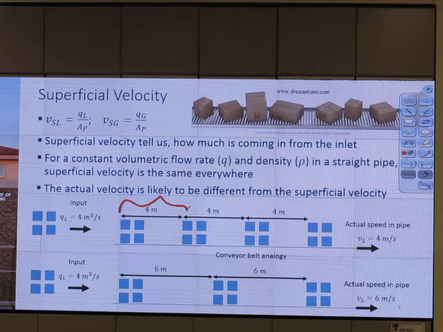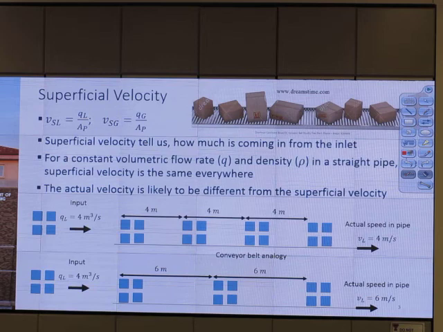If we move the belt faster, what happens? The distance that separates them from each other is longer. If I move at 6 meters per second, the distance that separates them is 6 meters.